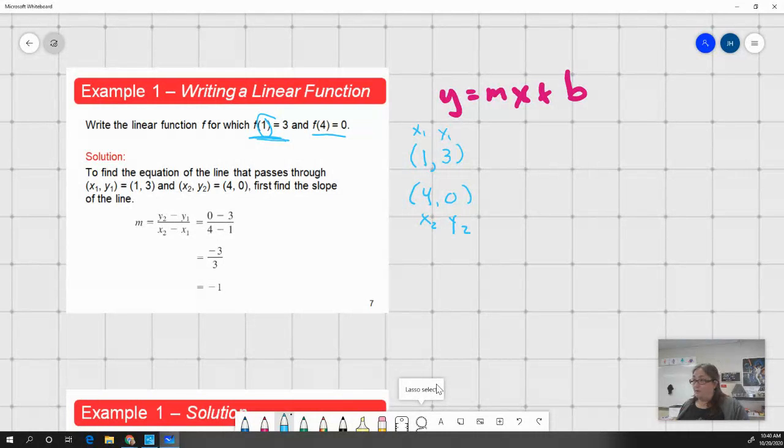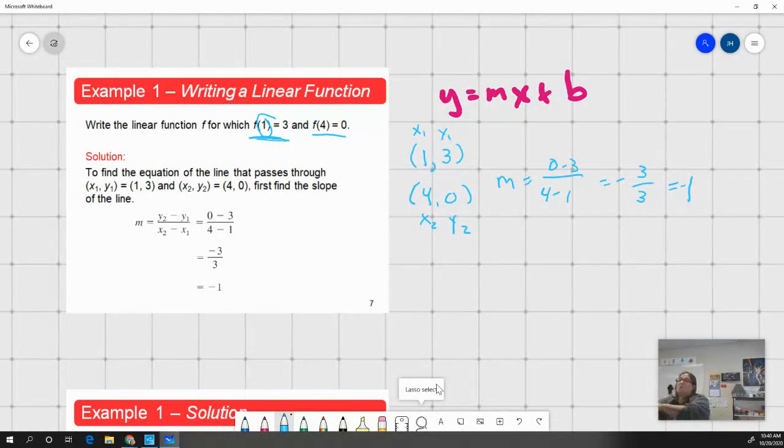It's arbitrary, right? I'm using the same points that they have. And I'm just going to go ahead and find my slope. You guys know how to do this. We're going to go 0 minus 3 over 4 minus 1. And we're going to get a slope of negative 3/3, which is just negative 1.